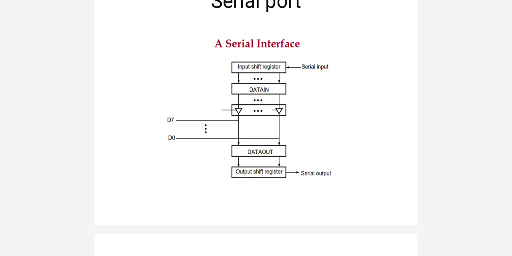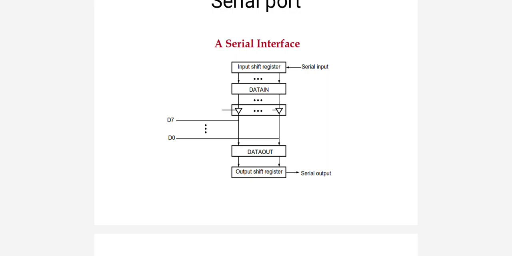So, what is the use of data in register, which is used to store input data? What is the use of data out register, which is used to store output data? And D0 to D7 lines, they are data lines. Okay. And what are the uses of input shift register and output shift register?